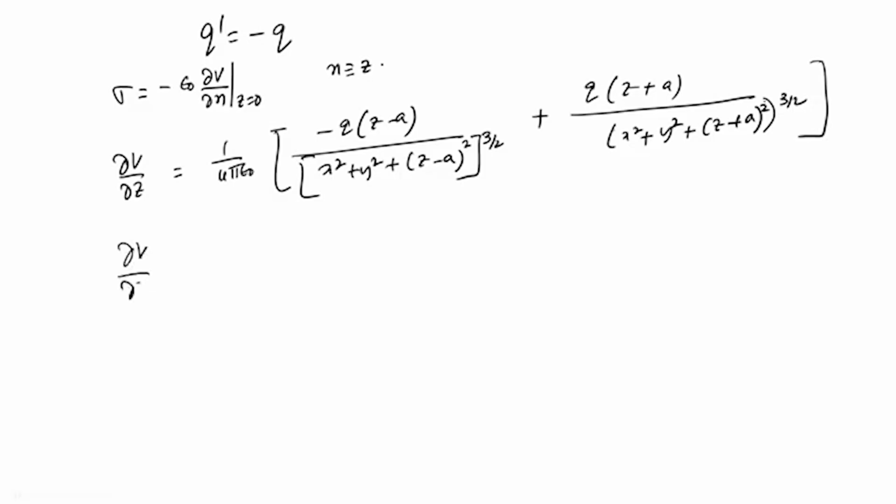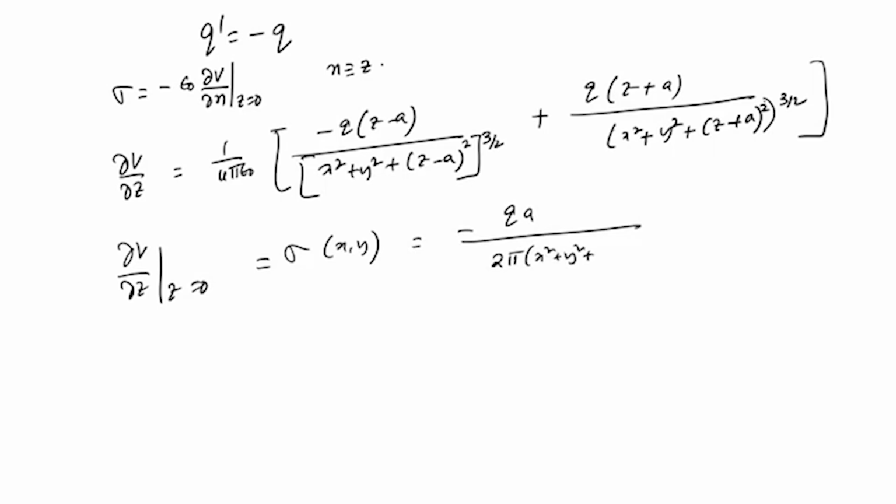Now if you calculate del V del z at z equal to 0, you will get sigma, which is a function of x, y, which is minus q a divided by 2 pi (x square plus y square plus a square) to the power 3 by 2 and so on. Okay. So, this is a negative charge.